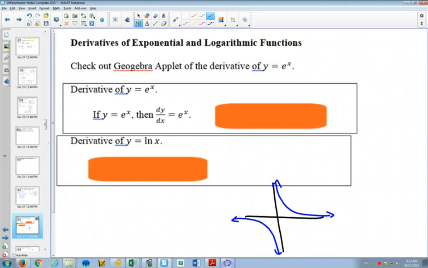What is the equation of that graph? One over x.